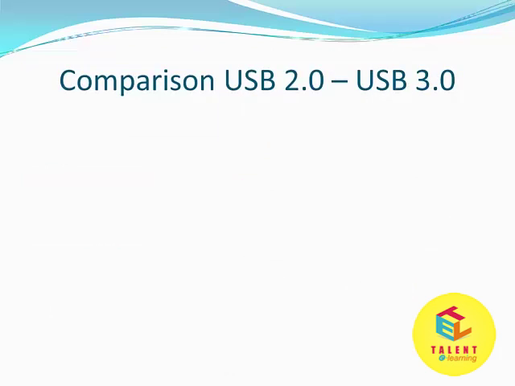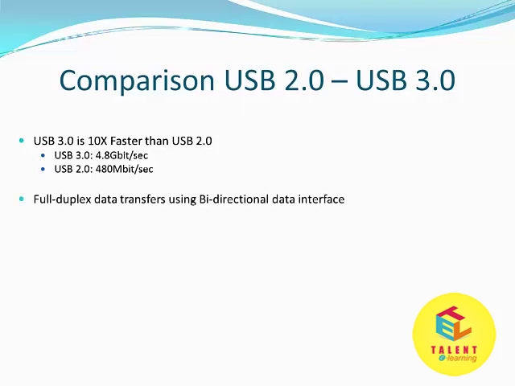Comparison of USB 2.0 and 3.0. USB 3.0 is faster than USB 2.0, as we have earlier discussed. Full duplex data transfers using a bidirectional data interface.